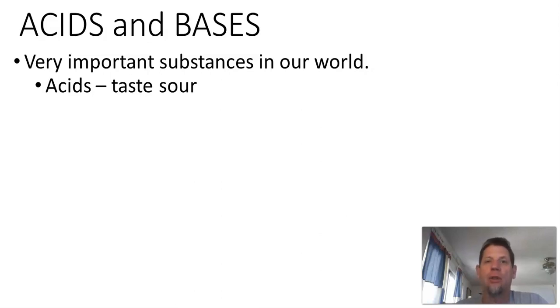Soda pop, like when you drink a cola, a Coke or a Pepsi or whatever, has carbon dioxide in it, and that carbon dioxide makes the solution slightly acidic. When you drink it, it actually has a chemical reaction with your tongue. You don't feel it, but that's part of the bite of the soda, and then the sweetness on top of it makes it taste good. It's kind of crazy.